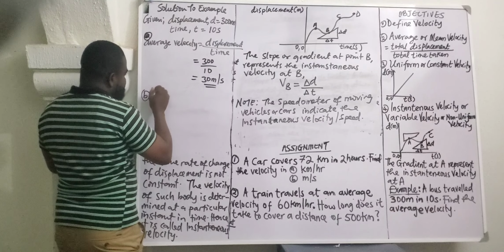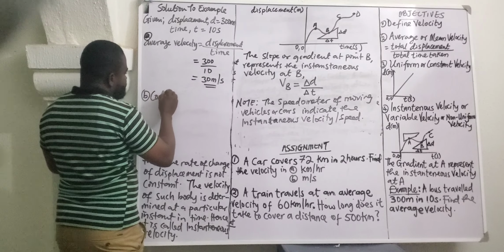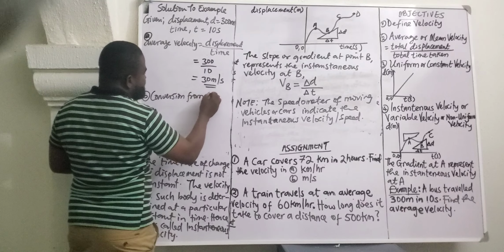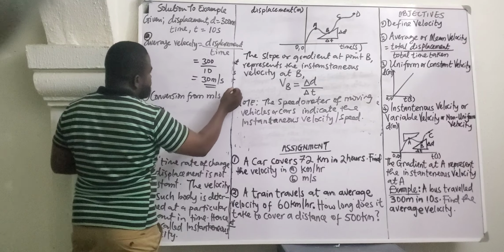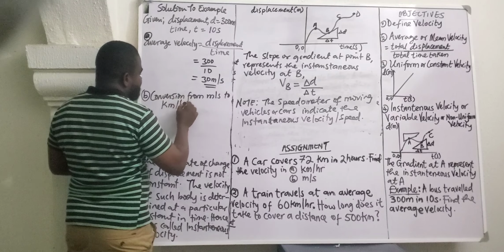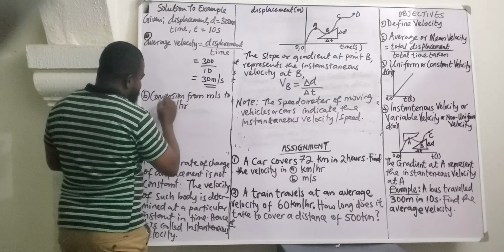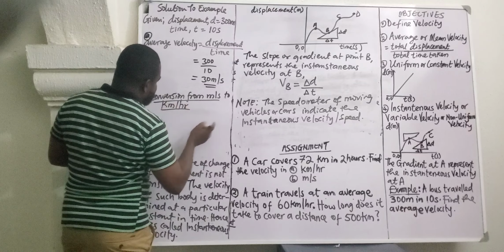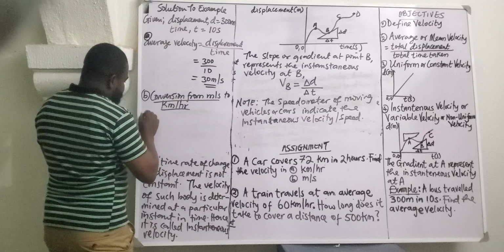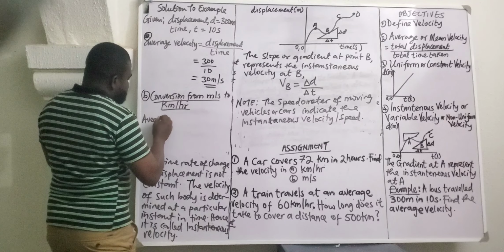Option B. Now this option B is conversion from meter per second to what? Kilometer per hour. So that's doing it the reverse way. So how will you achieve that? It's very simple. We are reversing the operation we did previously.